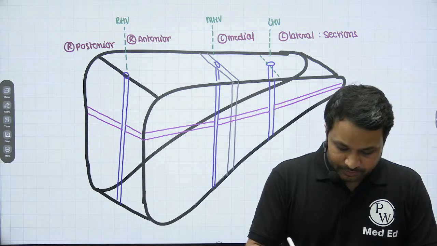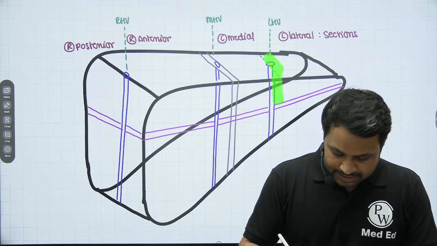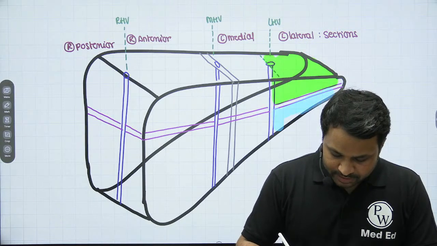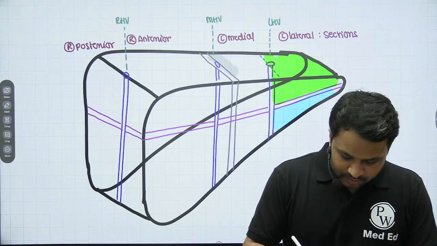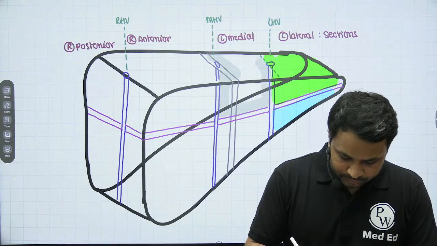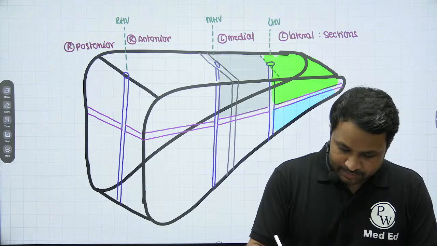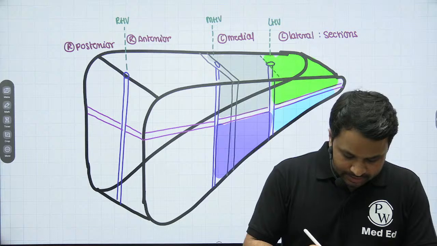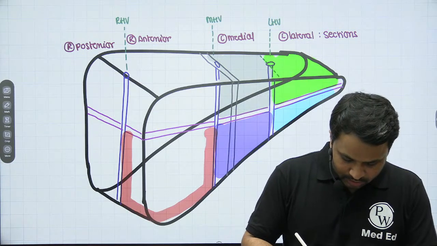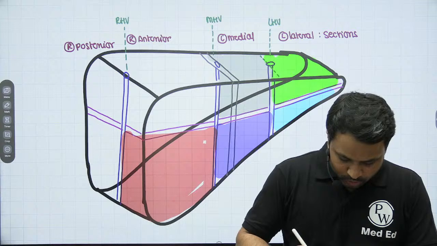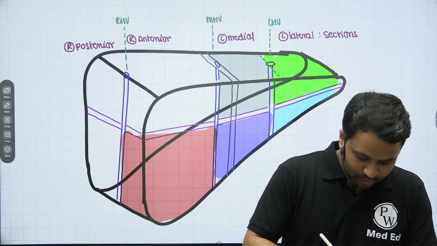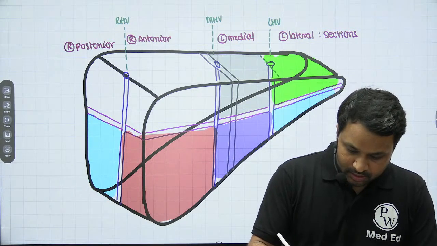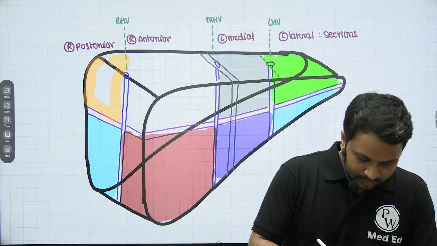If you look at this, you see this is one segment of the liver, there is another segment here, another here, another here, and another formed here, right? So the portal vein has divided the entire liver into these small segments. These are the functional segments of the liver. ठीक है?